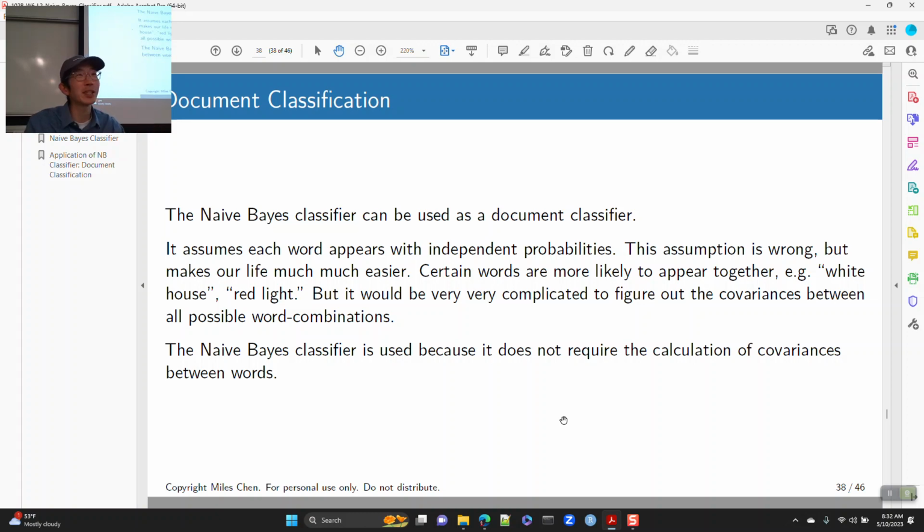If your document has the word player, then it's also more likely to contain the word game, or team, and probably less likely to contain something unrelated. And if your document contains the word Bayesian, it's probably more likely to contain the word statistics or something like that.